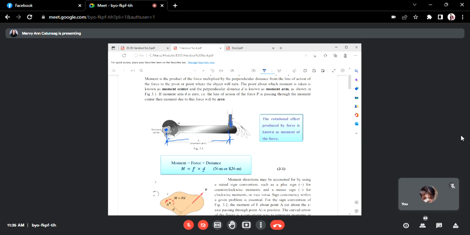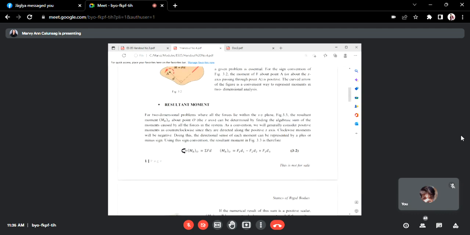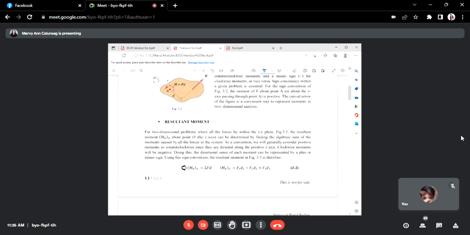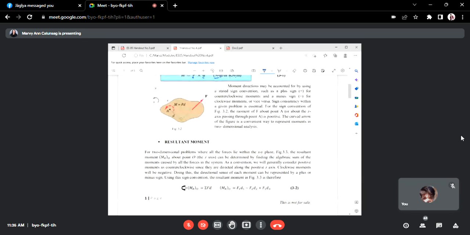So for SI units, we have the distance in meter. So Newton meter or in kilonewton meter. So mao na nga itong unit of a moment of a force, Newton meter. So again, this is the definition for the moment of a force using scalar quantities.